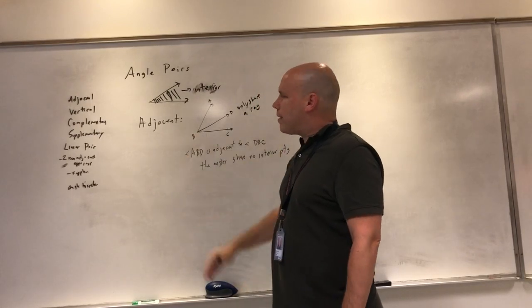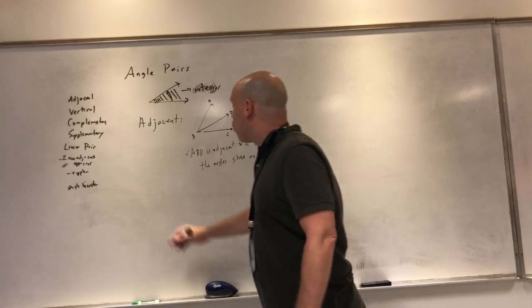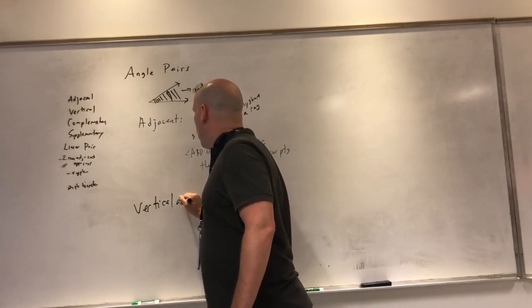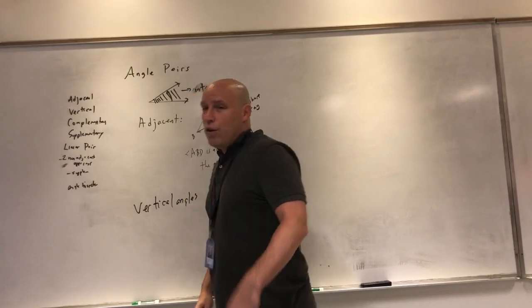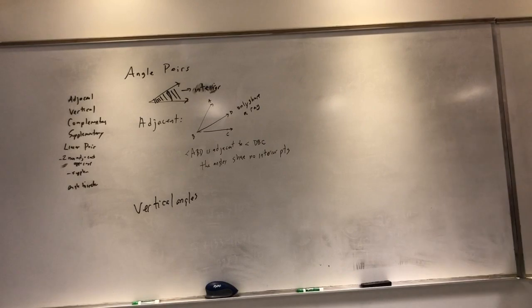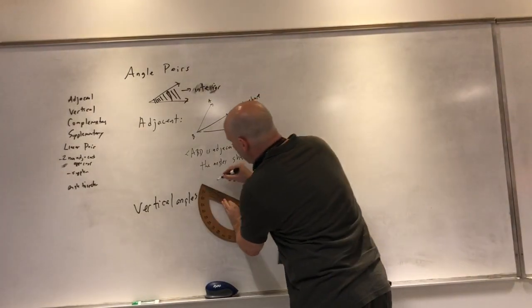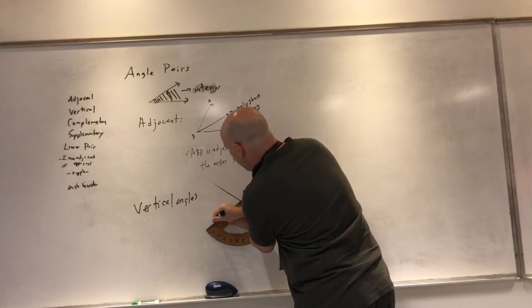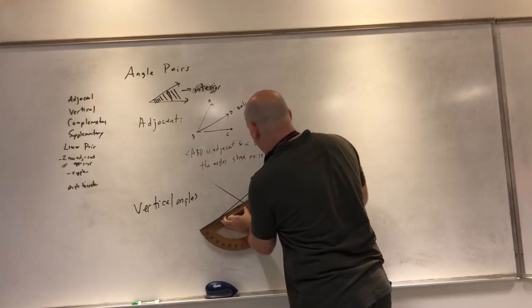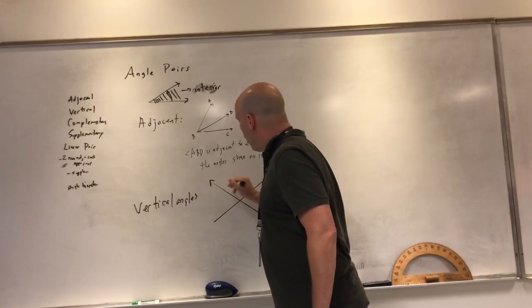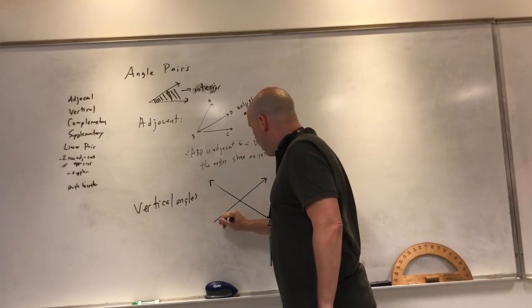Okay, the next definition is vertical angles. Now, generally in the class, I have the students draw two lines that intersect like this. So here are our two lines, and then we draw in the angles.